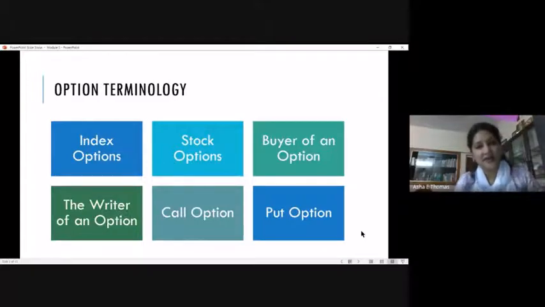Now the next thing is call option. When we are talking from the perspective of a call option, it talks about the right to buy an asset. And a put option talks about the right to sell an asset. You can decide whether you are going to. Now, in case of selling, it's just the opposite.